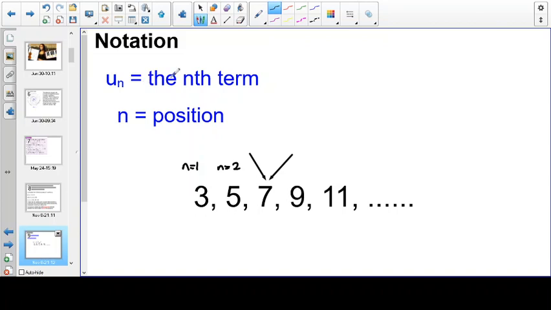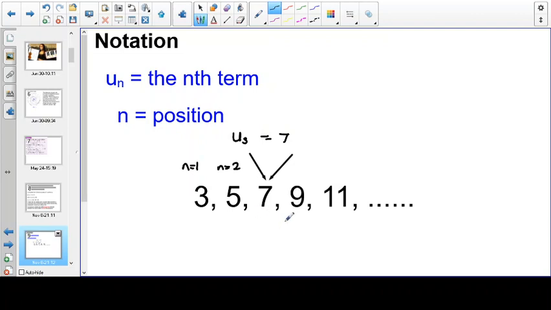Un represents the nth term, so the number in the nth position. So if I say U3 is 7, that is where n is 3. So we can say that U3 equals 7. Okay, so this is our notation.